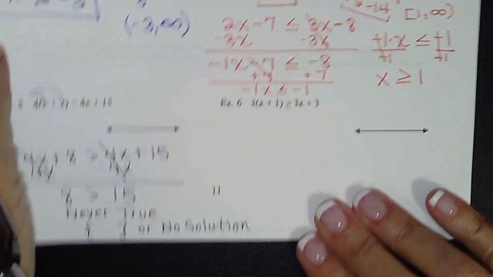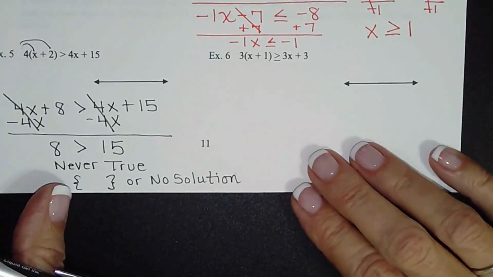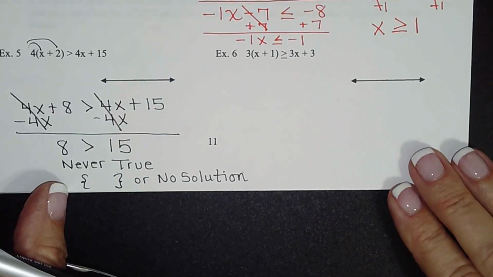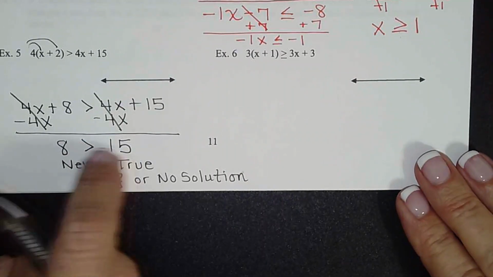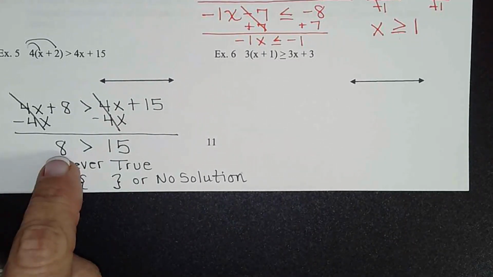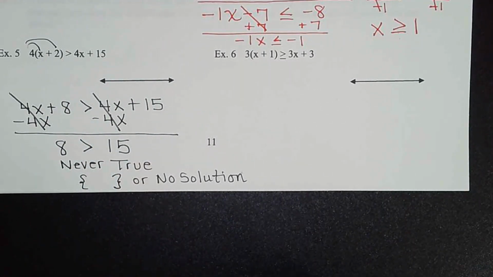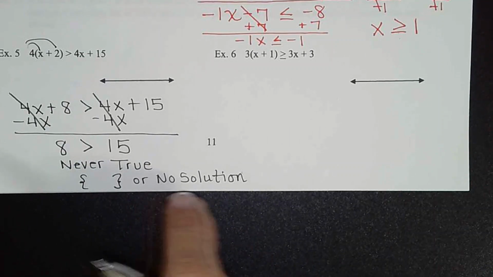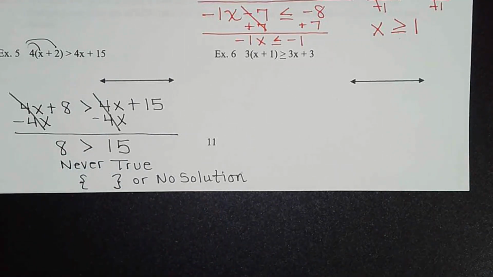So just like with an equation, you cancel out your x's on both sides, and then you decide whether it's a true or false statement. It's not eating the big one, and this is read 8 is greater than 15, not true. So no solution with one of these symbols.